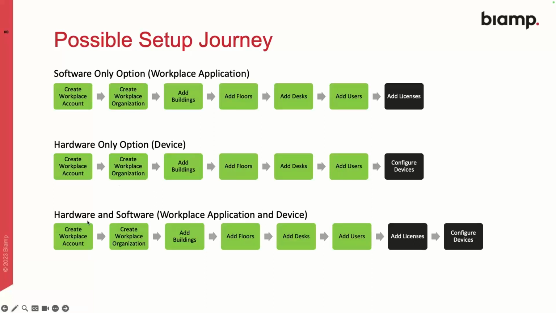Now, the third option we have is kind of best of both worlds, where you get the combination of using the hardware itself and also unlocking the ability to book the spaces through the workplace mobile application. And with this last install, ideally, that's most of the installs we see in the wild, a combination of end users using both the hardware and the software.